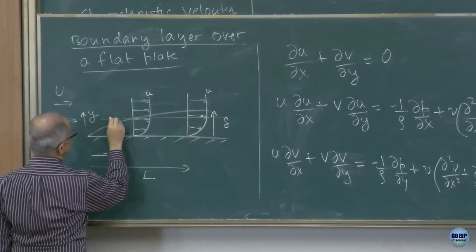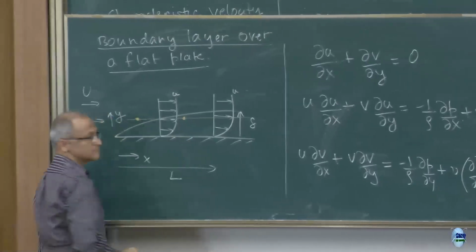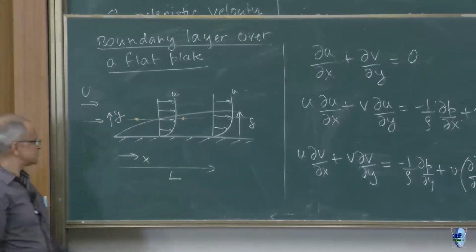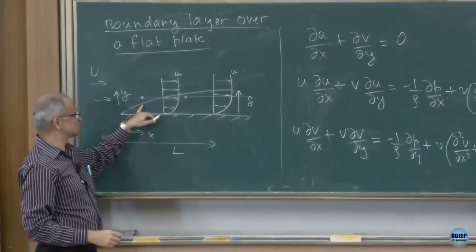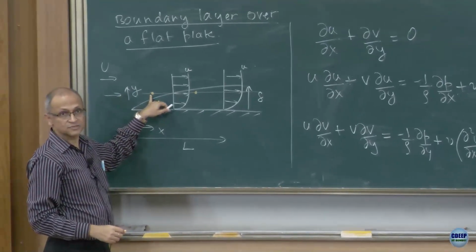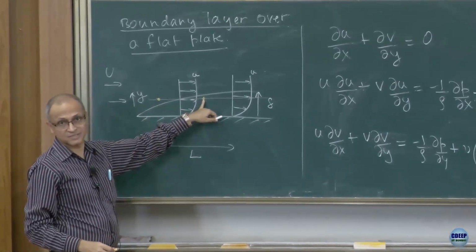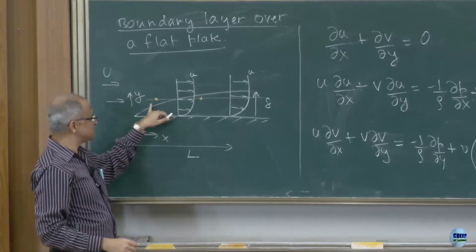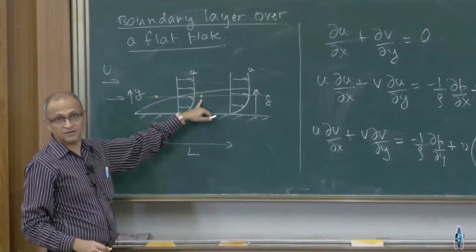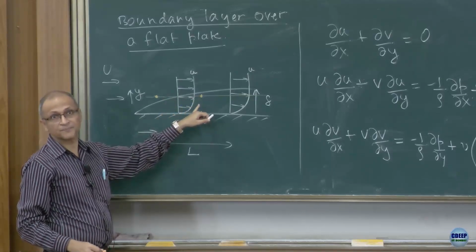If I look at X along this, so if I look here versus if I look here, it is very clear that here the point is outside the boundary layer, so the velocity here is U. Here it is inside the boundary layer, so the velocity is less than U. Correct? So that means that when I go from here to here, there is a dou U dou X.